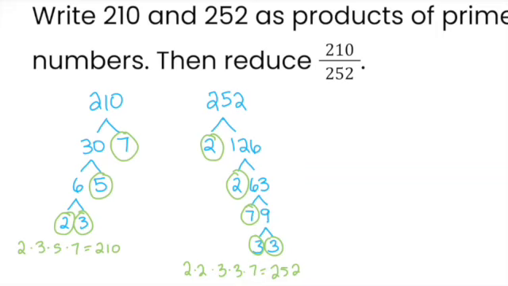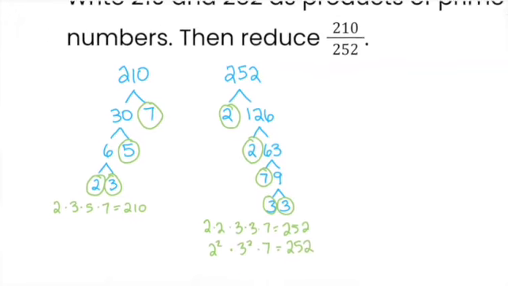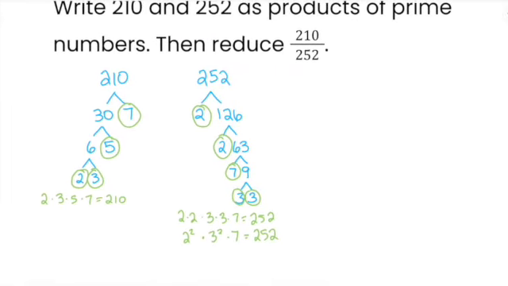I can also put that in exponent form, which would be 2 squared times 3 squared times 7 is equal to 252.